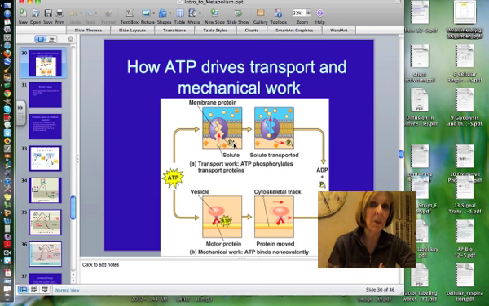That phosphate group came from an ATP that was hydrolyzed. When the phosphate group bonds to the membrane protein, it causes a conformational change in the protein that then is going to transport these solutes, usually against the concentration gradient. And of course, the inorganic phosphate from the ATP is then recycled.